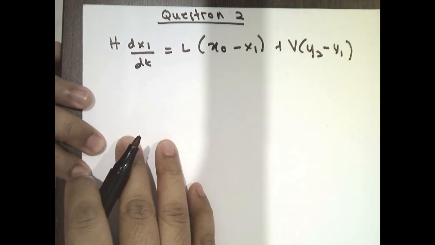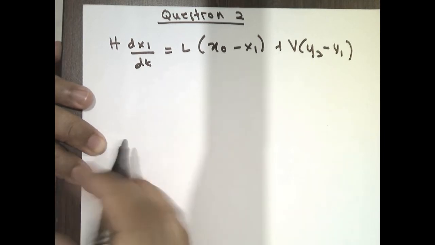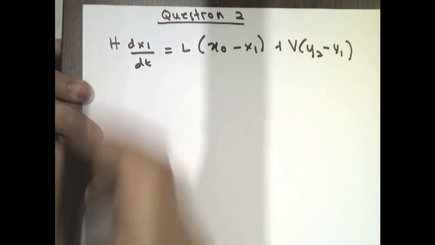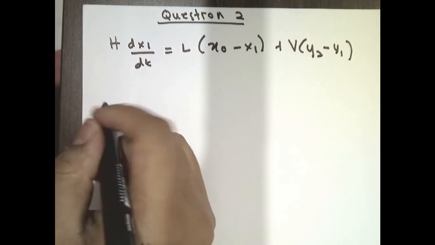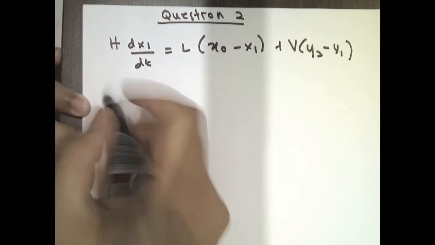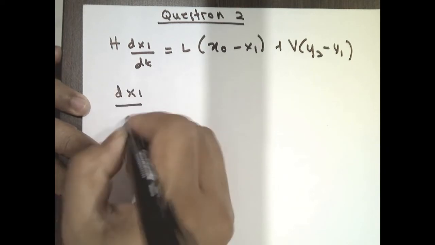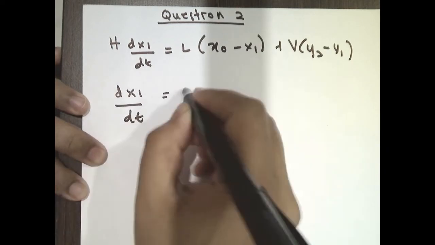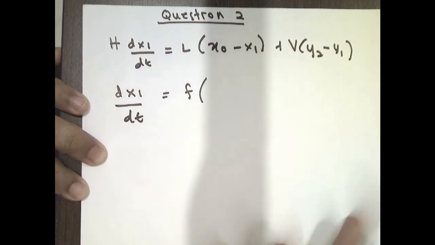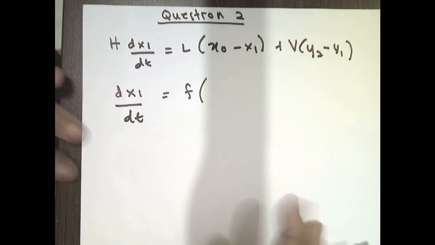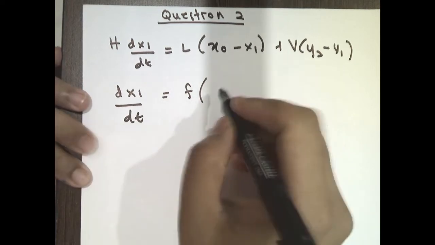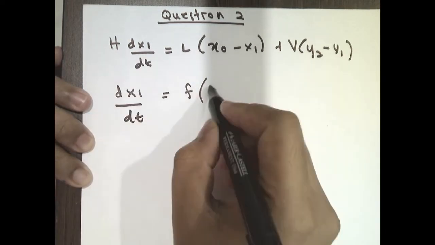To do the linearization, we need to follow the steps that I have mentioned in the lecture. So the first step is to identify the parameter. If the question does not give you any hint, you have to list all the parameter. So here we have L.